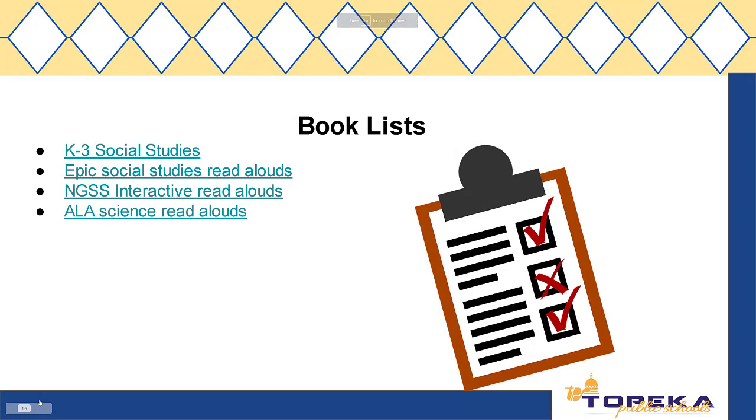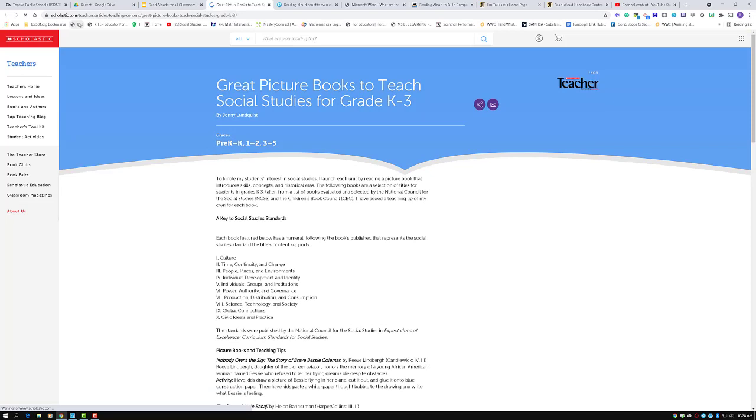We talked about science and social studies and the importance of read alouds in content area. So I just want to show you these briefly. First of all, we have K through 3 social studies. And this is a Scholastic article. And you'll see I'm pointing out to you in grades K through 3, a resource from Scholastic.